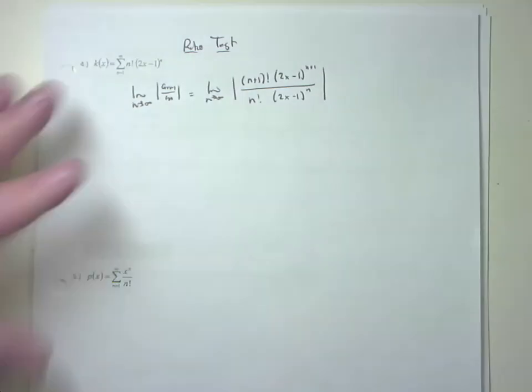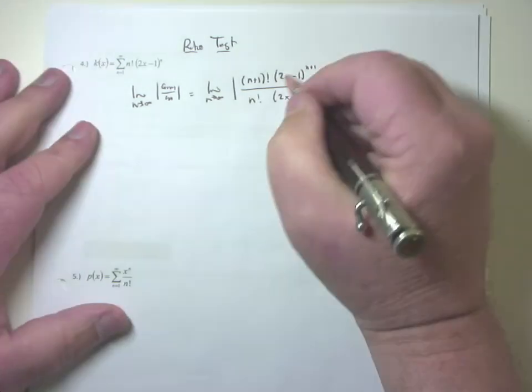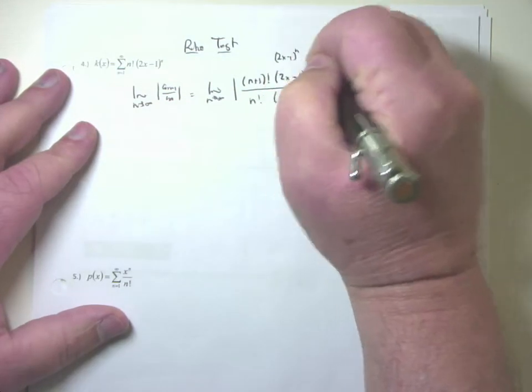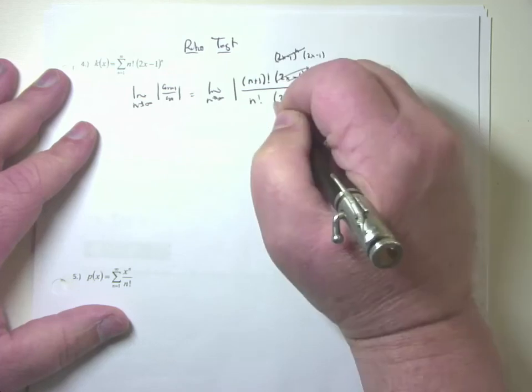Now this one's nice because there's not much to flip and multiply because you really don't even have a fraction here, but you do clean this up. 2x minus 1 to the n plus 1 is 2x minus 1 to the n times 2x minus 1. And the 2x minus 1's cancel.